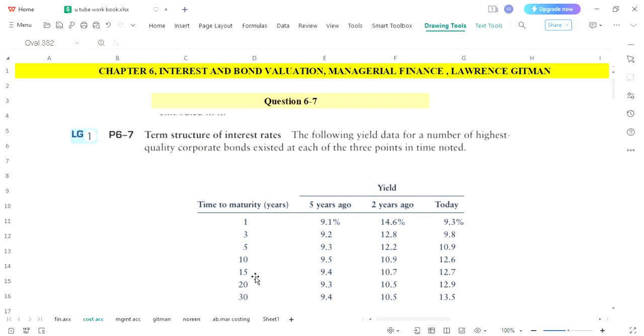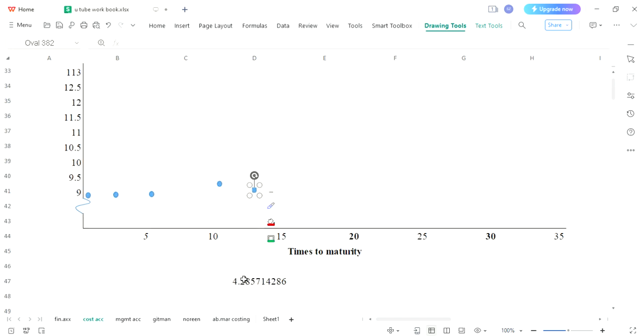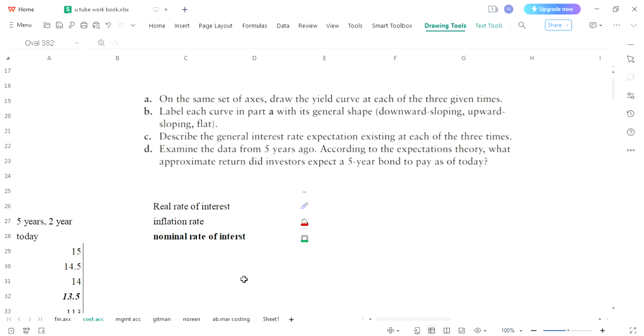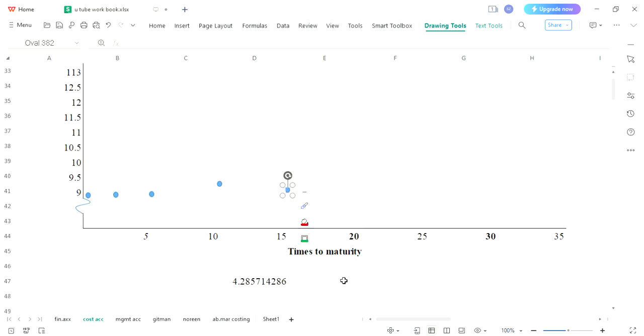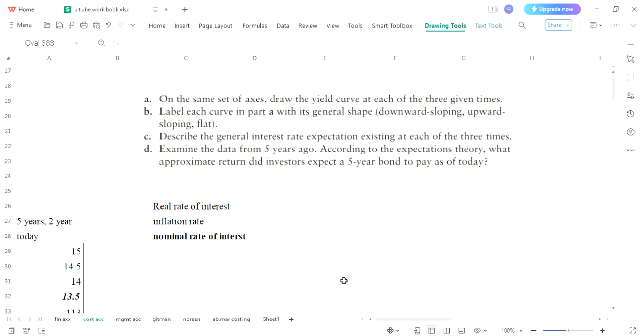Next is 15 years. Okay, 15 is exactly over here, and for 15 years we have 9.4. 9.4 would be just below 9.5. Okay, 15 years we have presented.